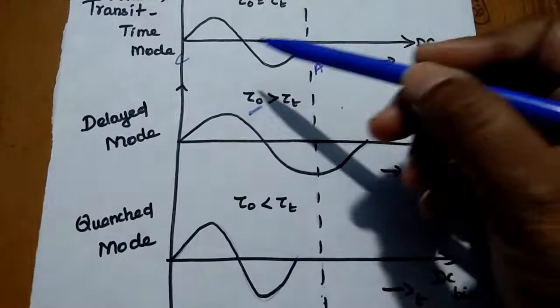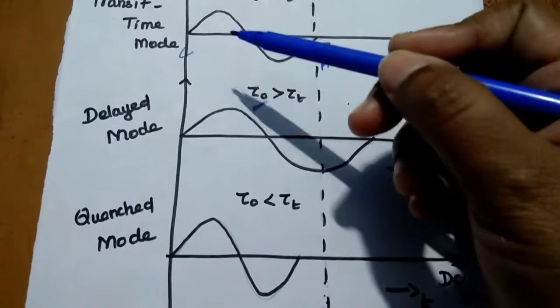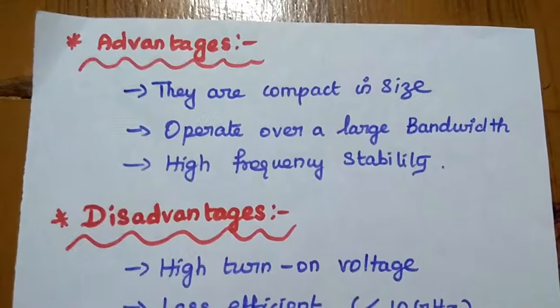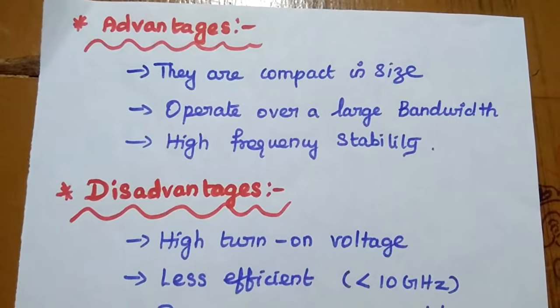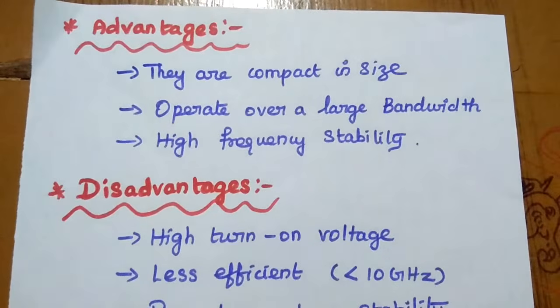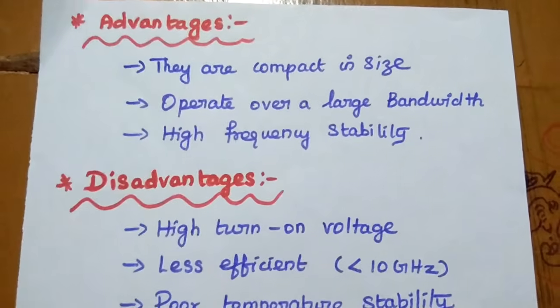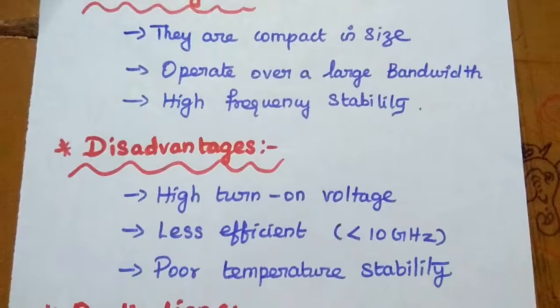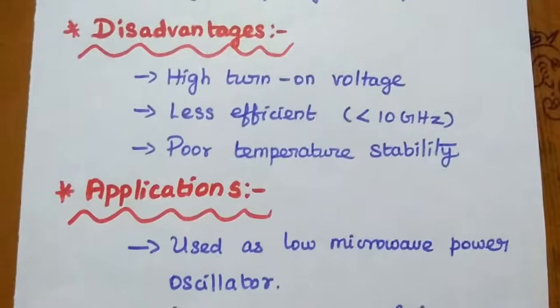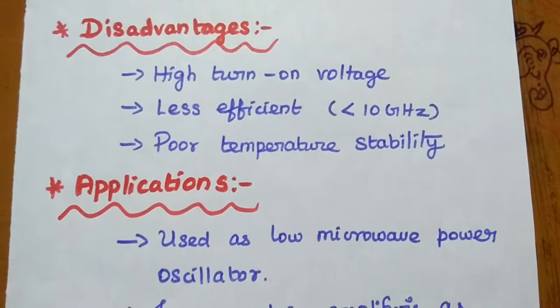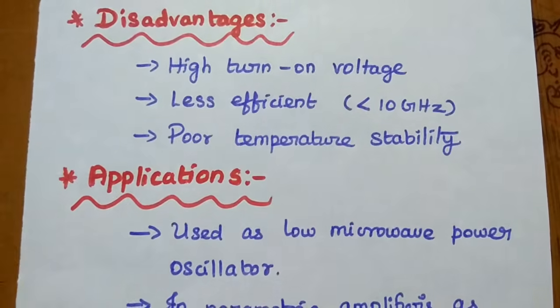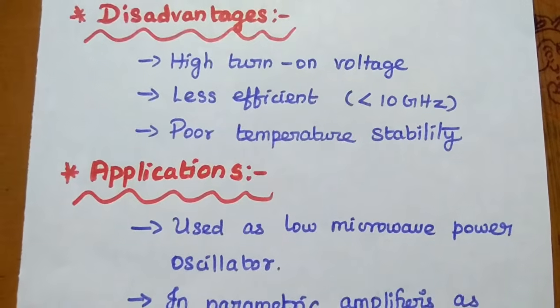In this Gunn mode, we are creating a single cycle. Advantages of the Gunn diode: they are very compact in size, operate over a large bandwidth, and high frequency stability is also available. Disadvantages: it has a high turn on voltage, that means the voltage should be greater than the threshold voltage.